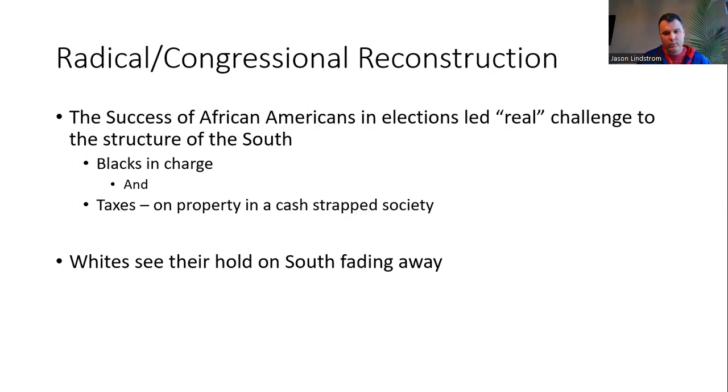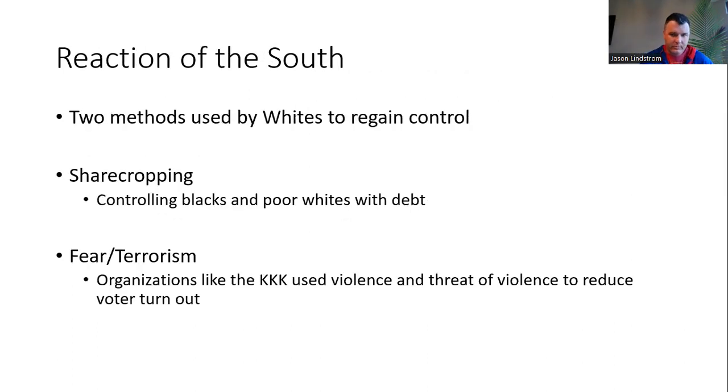And so that, as well as African Americans being elected to political positions, lead to the idea in the South that whites are starting to lose control of the economy, and they're starting to see their hold of the economy slip away.